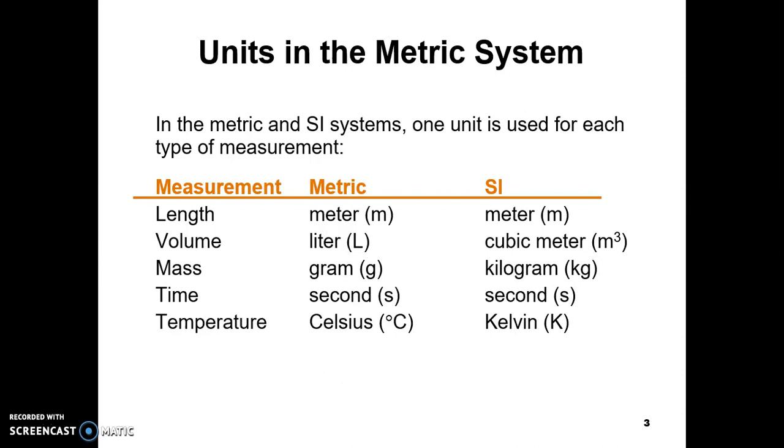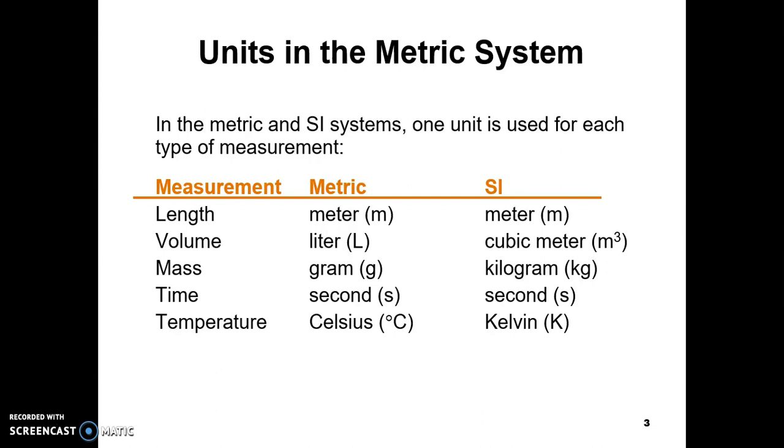There are different units which are used in measurement, and in our class we are going to use the metric system. Mainly, there are two systems of units used: the metric system and the international standard system. So why one system?